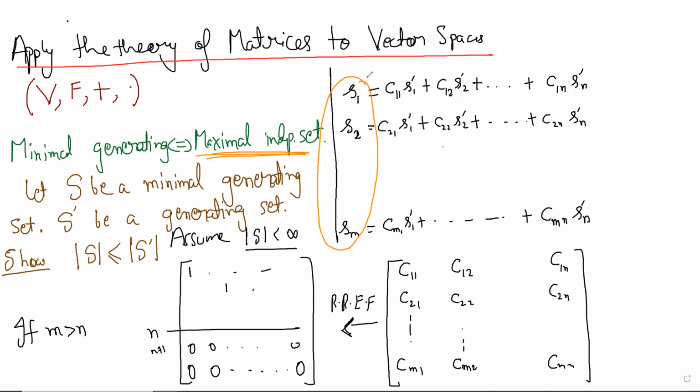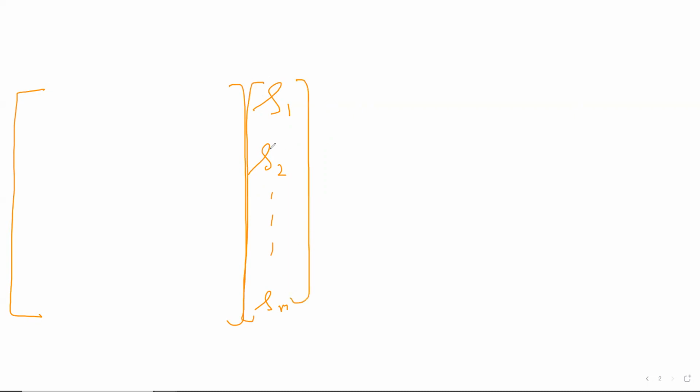But when you apply row operations on this, what does it mean? It means you're taking combinations. So if you're taking S1 up to Sm and you're applying row operations, whatever row operation you had, that basically is multiplying by a matrix, correct? And that will again give you columns.